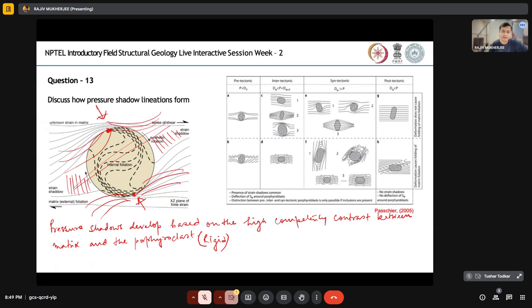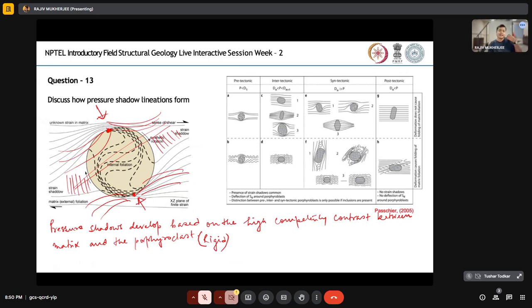Syntectonic porphyroblast means that the growth of the mineral takes place simultaneously along with the deformation event. That is why P, the formation of the porphyroblast, is a subset of the existing phase of deformation. And in general, in this case, the internal foliations within the porphyroblast match well with the external foliation.